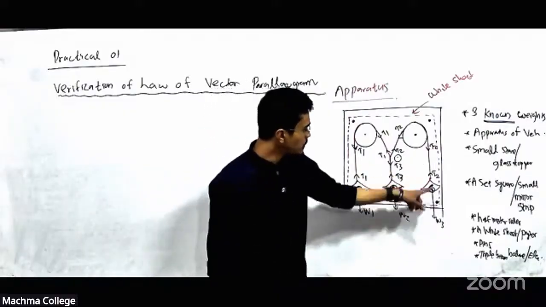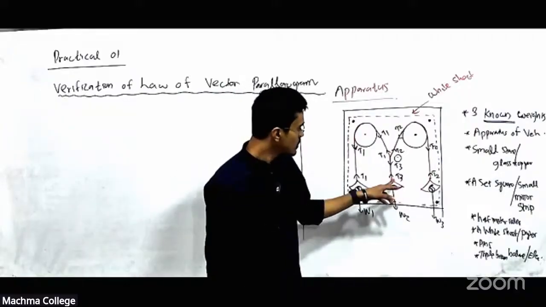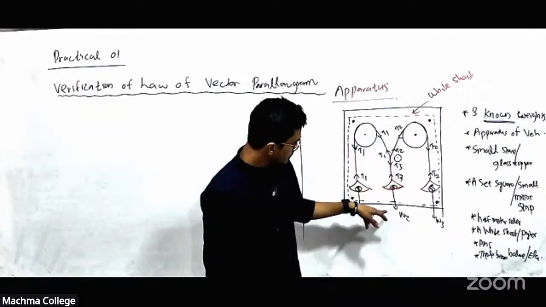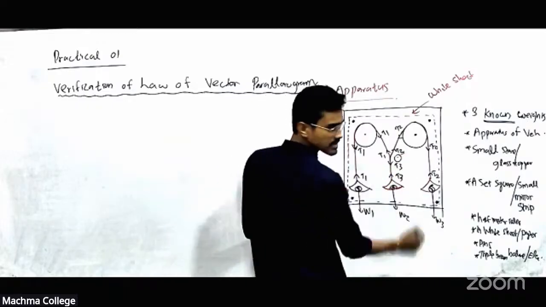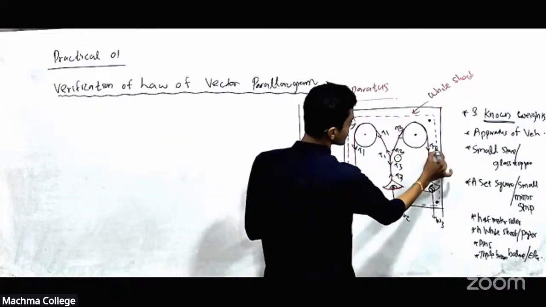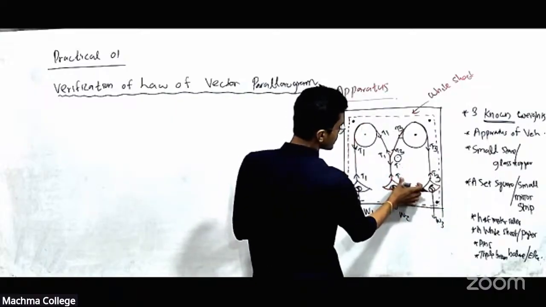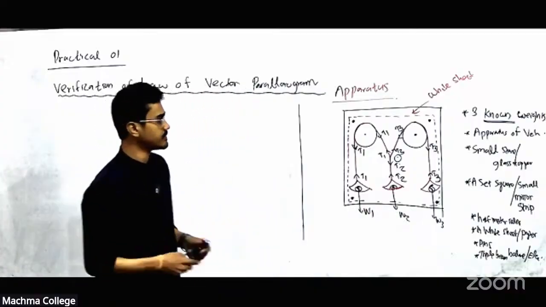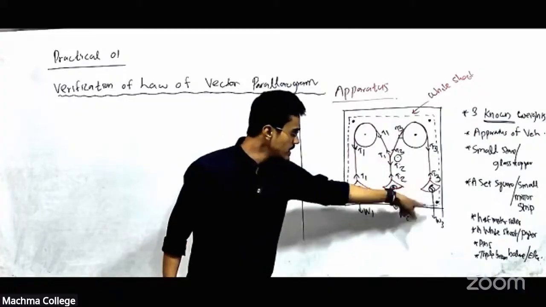And T2 equals W2. I'll mark this as T3, yeah? T3 equals W3. Right? That's fine. T1, T2, T3. T2 equals W2 and T3 equals W3.